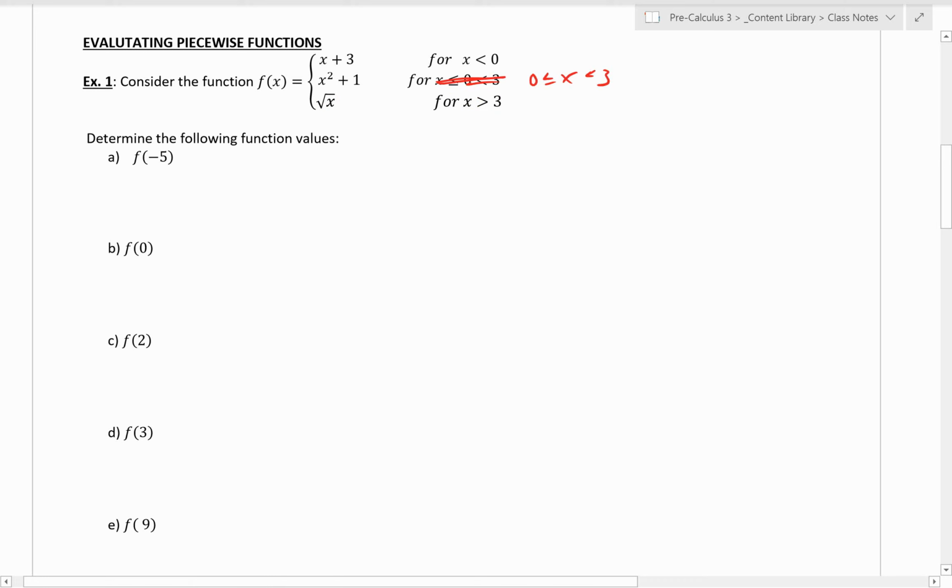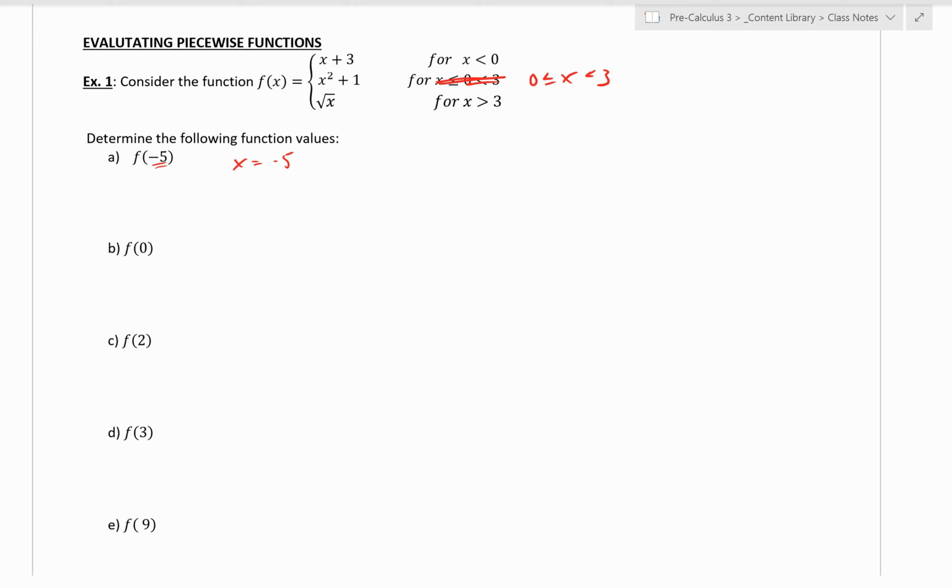Okay. So what we want to do when we're evaluating function values is take the domain value, the x value that we're plugging in, and use that to figure out which piece of the function we should plug this number into. I tend to liken this to a toll booth where you're driving on the highway, you get off, and there are different lanes for different types of vehicles, right?